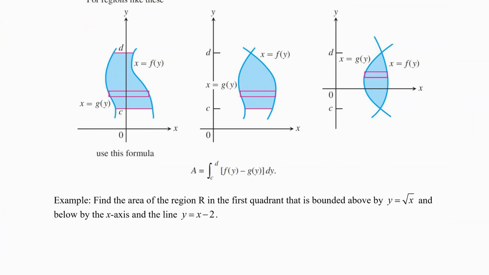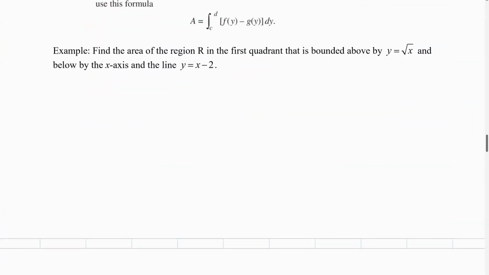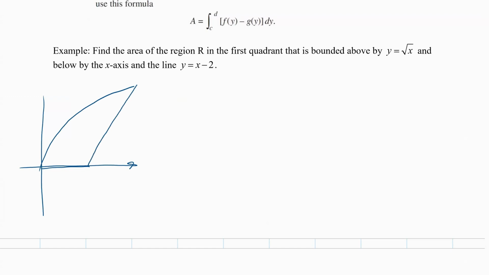It actually may be advantageous to draw it and use this orientation. In fact, let's do the problem that we just did, where again we had our axes, we had the square root function, and we had that line.